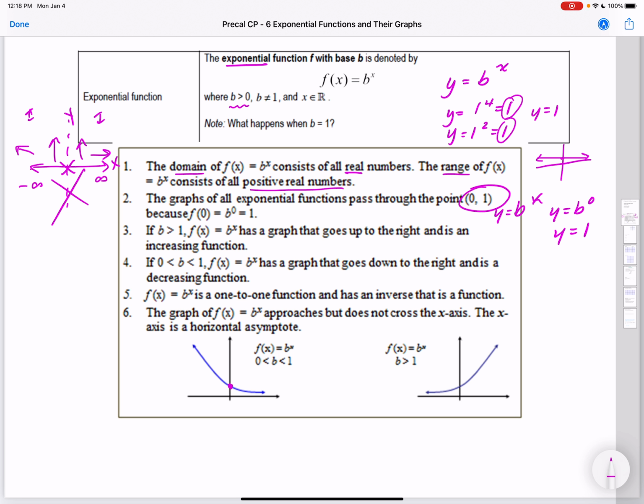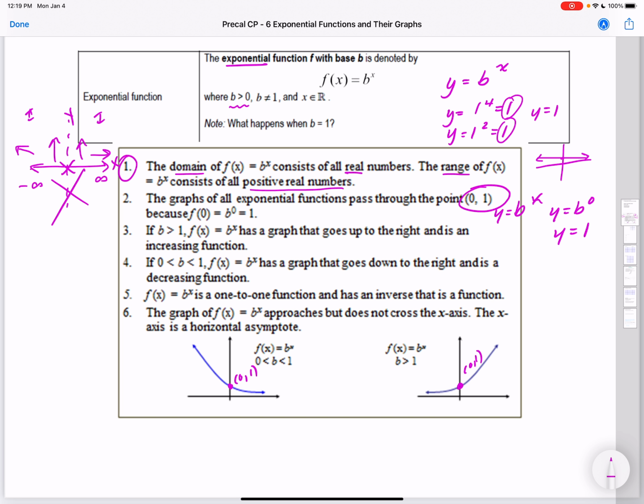And if you look at these two down here, these are examples, and you see that we've got 0, 1 on both of them. And you also see the thing we just talked about, that these functions, these are exponentials, are existing only in the top 2 quadrants.